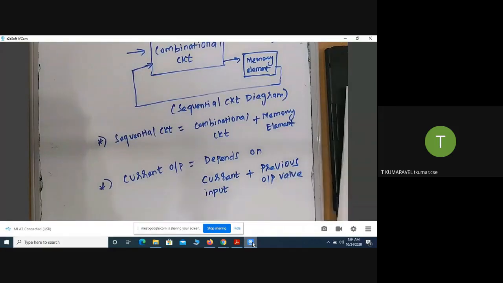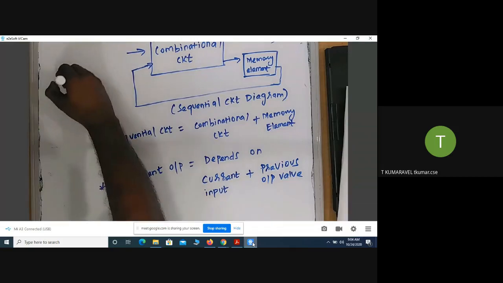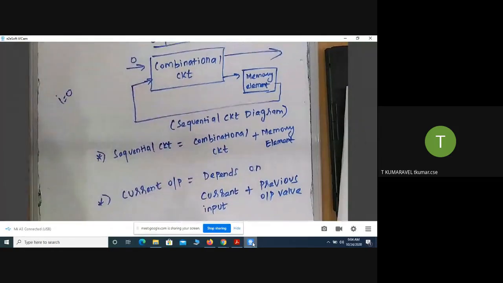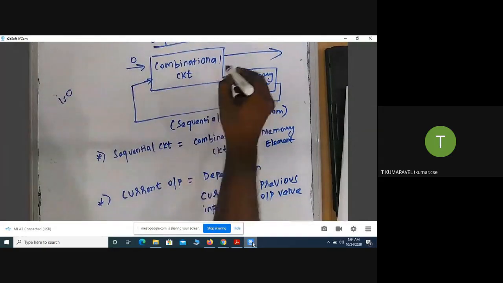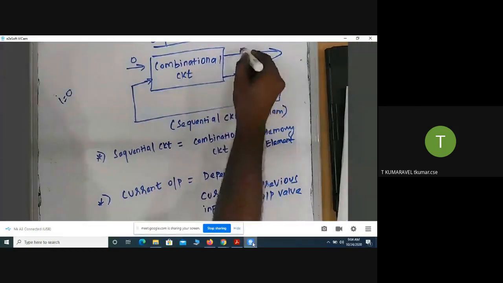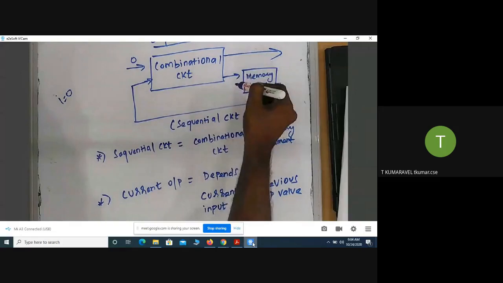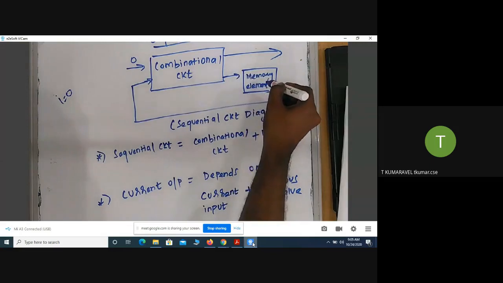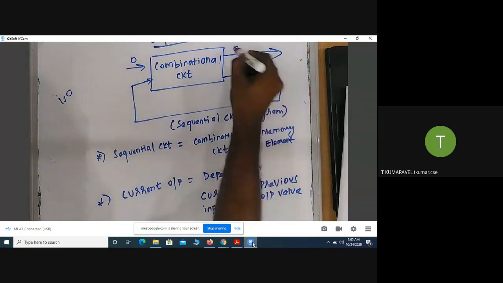For example, at the first instant, say i equal to 0, I'm passing input to the sequential circuit. It is going to produce an output, and this current output could be stored in the memory element.